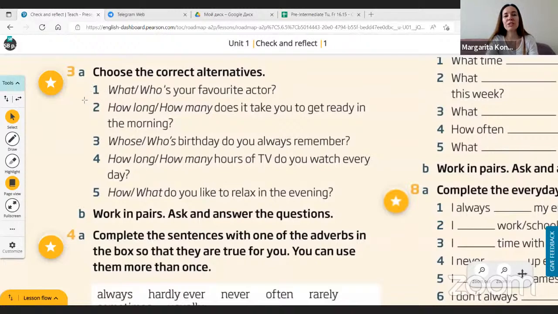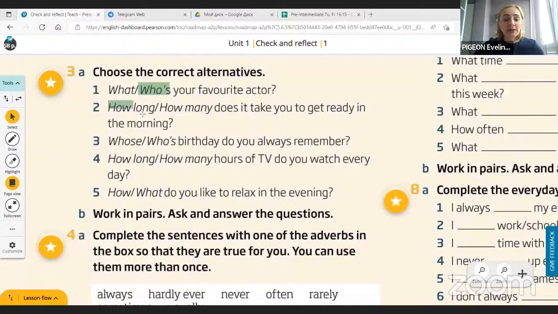So what's correct? Who's your favorite actor? So who, because it's a person. Larissa, what's next? How long does it take you to get ready in the morning? And how do you understand this phrase? How long does it take you?